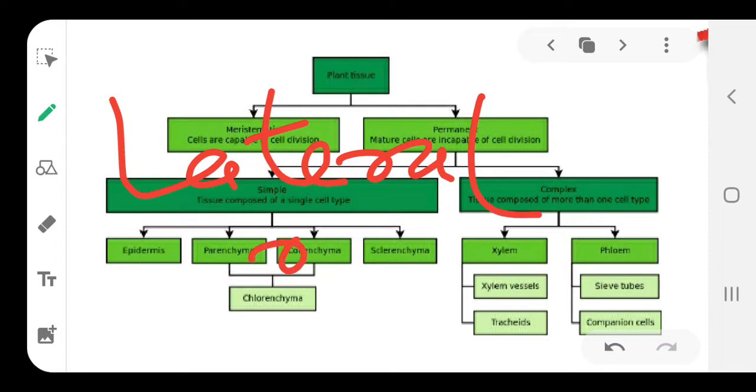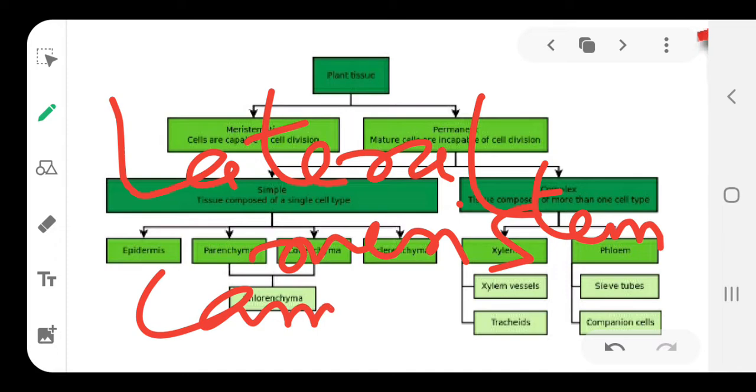The third one is called lateral meristem. First was apical meristem, second is intercalary and third is lateral meristem. It is found as cambium in vascular bundles. We will study vascular bundles later, and then I will let you know what they are.